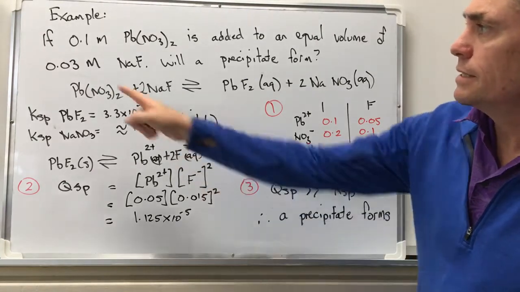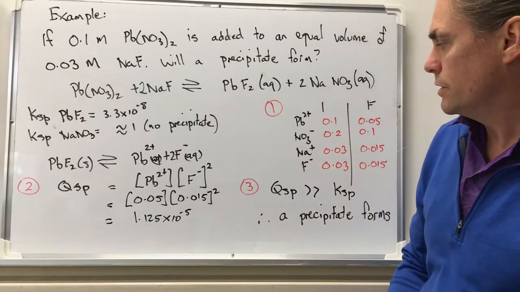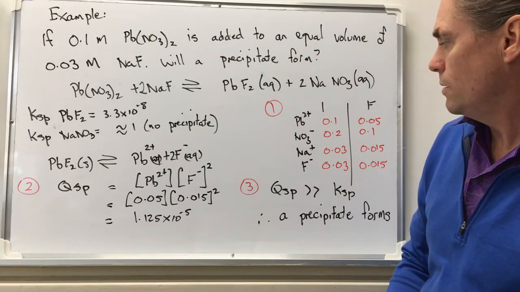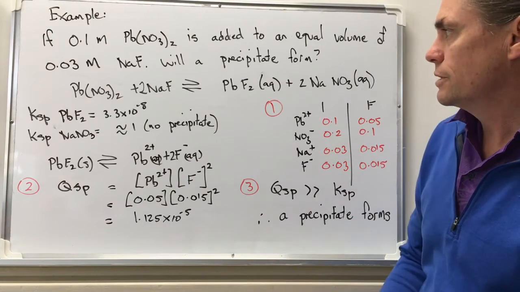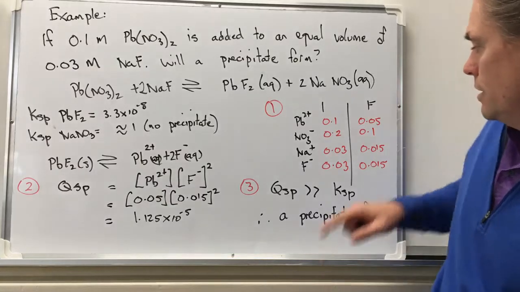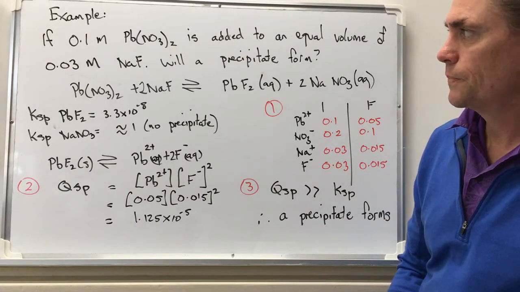Our sodium fluoride starts at 0.03 molar, so our initial concentrations of both the sodium and fluoride will be 0.03 molar. When the reaction occurs, we obviously get half that concentration, so these halve to 0.015 molar for each of them.